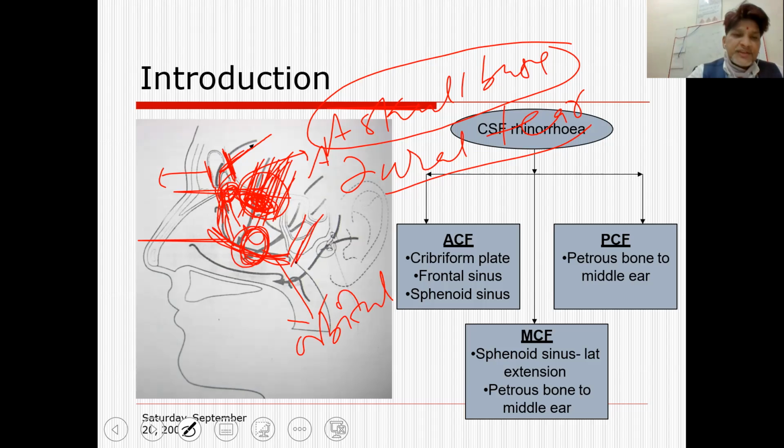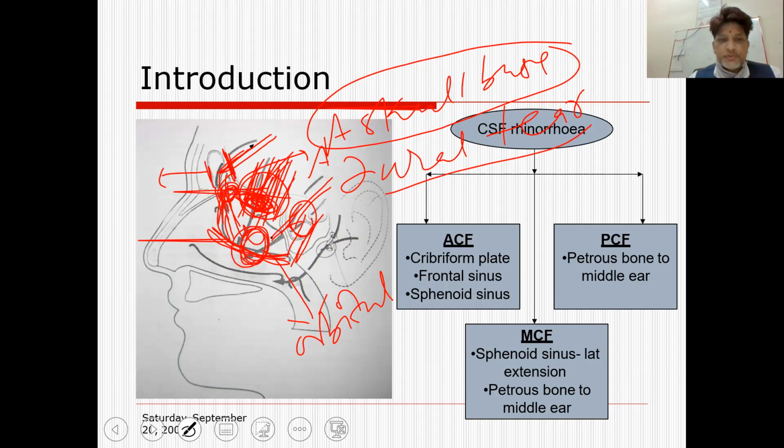So the CSF leaks into the frontal sinus and then comes into the nasal cavity via the nasofrontal recess. The third one is a rare route, in which the CSF is presented into the sphenoid sinus, and through the sphenoethmoidal recess or opening of the sinus, the CSF is presented into the nasal cavity.